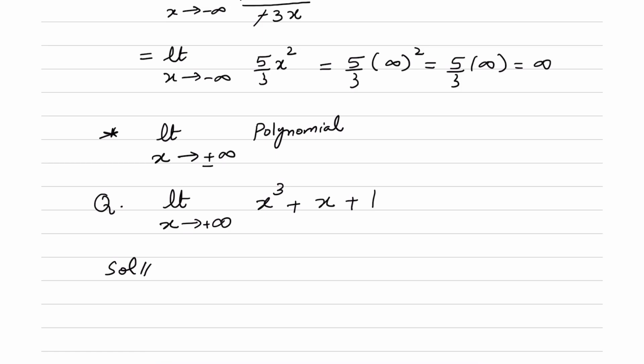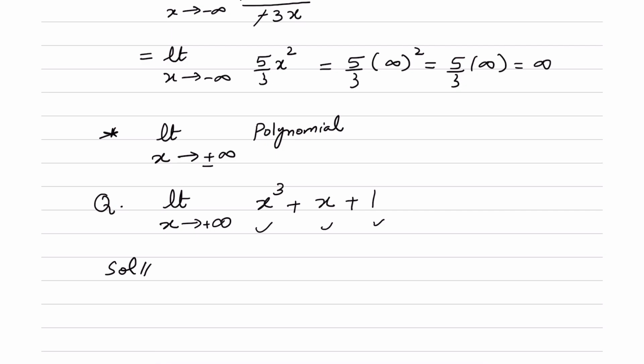In this polynomial, there are three terms: x cube, x and 1. 1 could also be written as 1 into x to power 0, because x to power 0 is 1. So we have three terms and the highest degree term is x cube, and the limit is calculated at plus infinity.